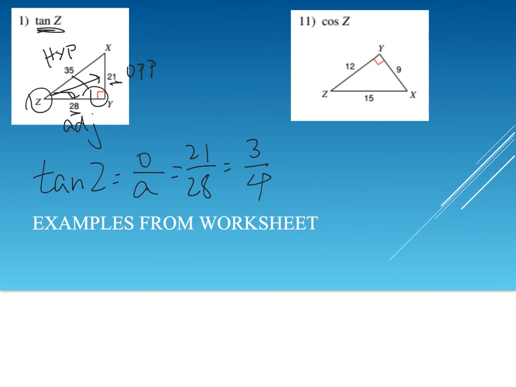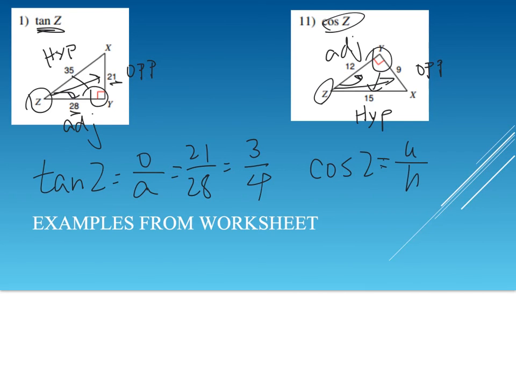And then on the back, it asks you to find the value of each trig ratio to the nearest 10,000th. So basically, we're going to take the trig ratio, and we're just going to plug it into our calculator and get a decimal answer. So again, we're looking at angle Z. Here's our right angle, so this is our hypotenuse. Across from angle Z is our opposite, and next to angle Z is our adjacent. And then we're going to do cosine of Z, and cosine is equal to adjacent over hypotenuse.